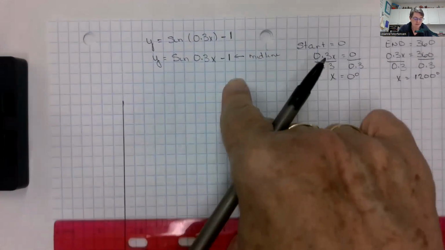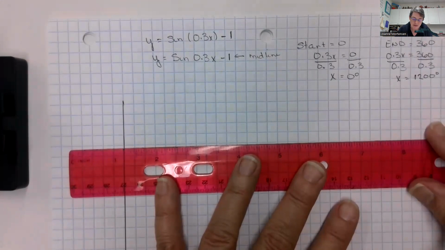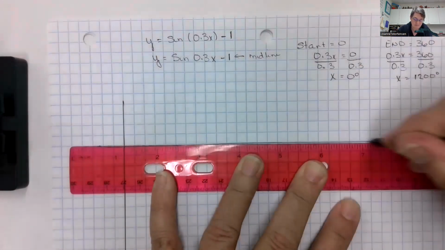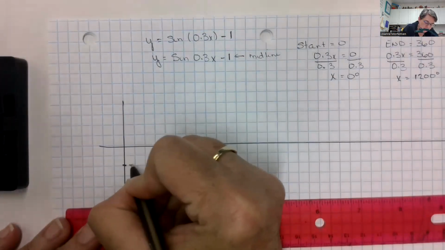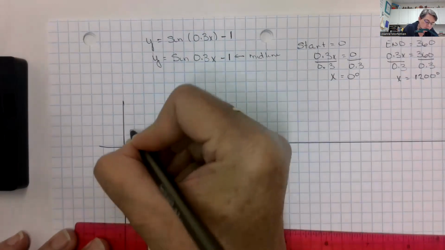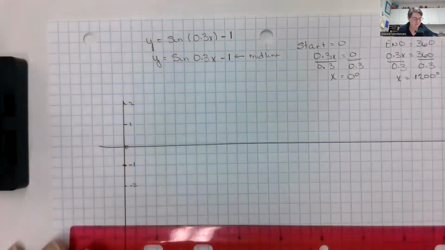And remember, it was centered around -1. So I'm going to put my x-axis up a little bit. Ah, I hate when my ruler moves. -1, -2, 0, 1, 2. That should be enough.